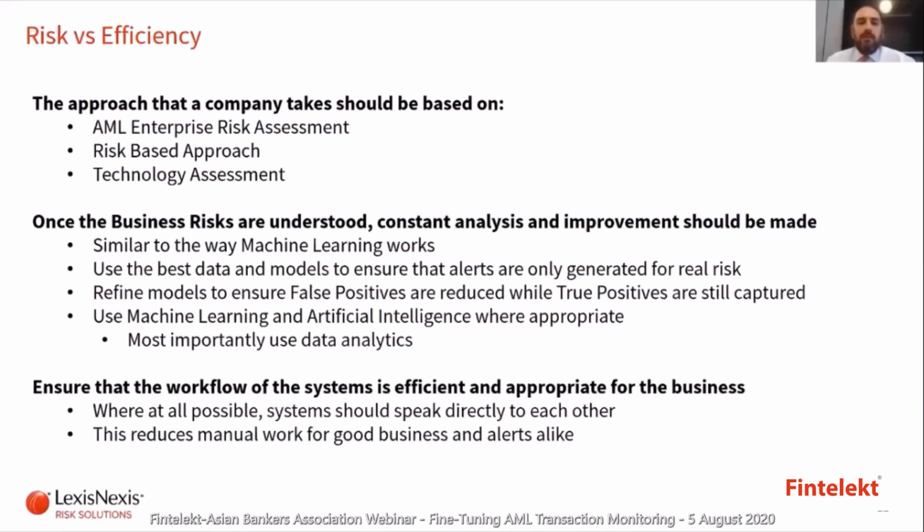And most importantly, you need to ensure that the workflow is efficient and appropriate for the business. We believe very strongly in STP, straight through processing, the systems speaking directly to each other, because that reduces manual work. And as we discussed in the first half of this presentation, reducing manual work is good for business and it's good for alert clearing alike.